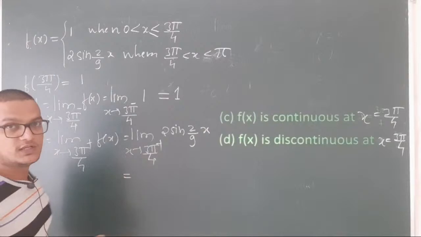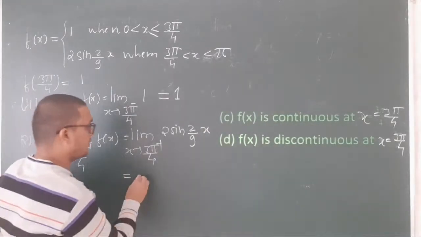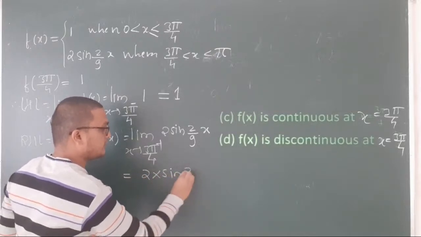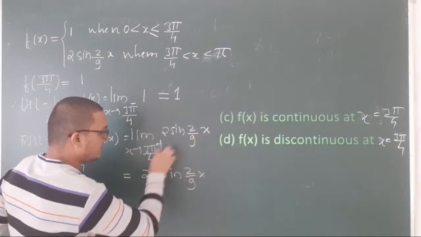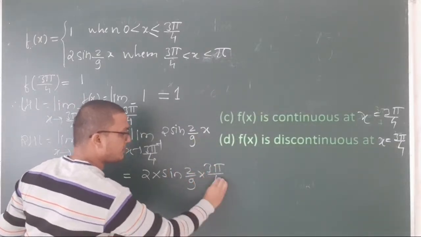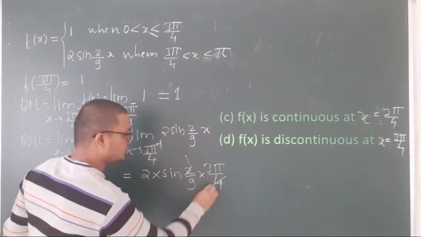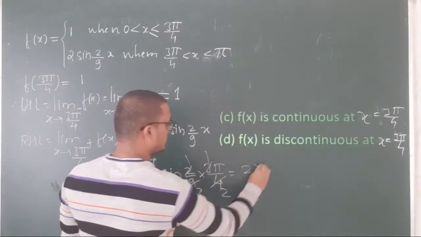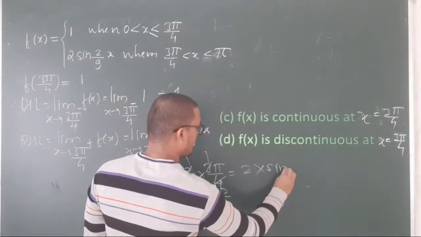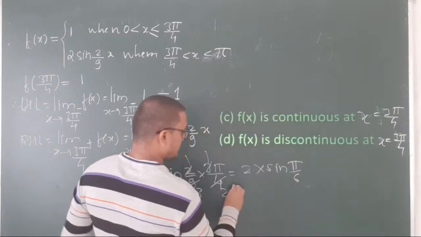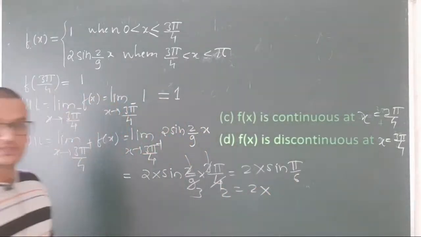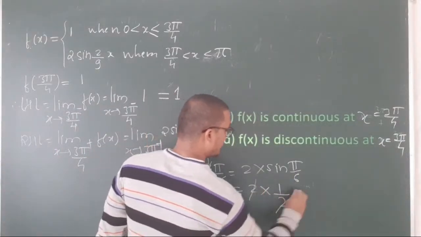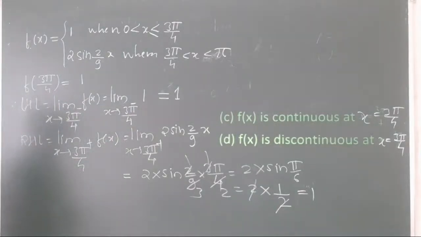So in this you can put the limit as x tends to 3 pi by 4. So it is 2 into sine of 2 by 9 into, in the place of x, you have to put the value 3 pi by 4. 2 ones are 2, 2 twos are 4, 3 ones are 3, 3 threes are 9, which is equal to 2 into sine of, what is left, pi by 6. What is sine of pi by 6? That is 30 degrees, and sine 30 is 1 by 2, the 2s get cancelled, answer is 1.